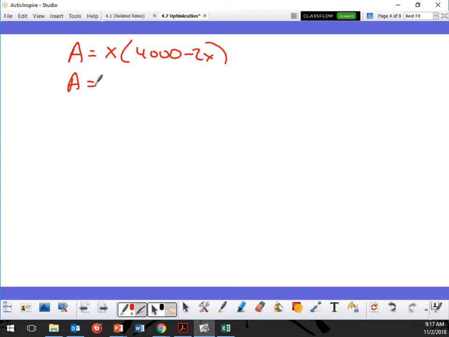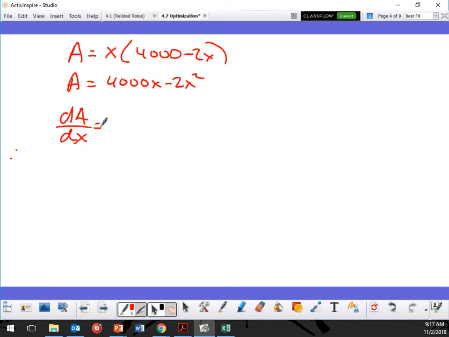Distribute: area is 400x minus 2x squared, right? We're maximizing the area in terms of x, so on the left-hand side I write dA/dx.